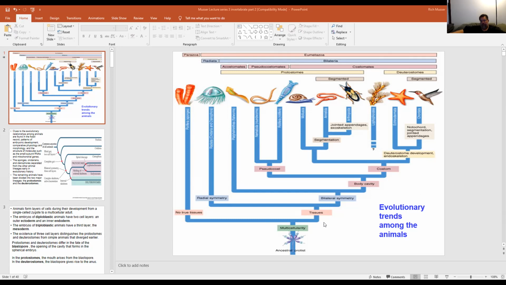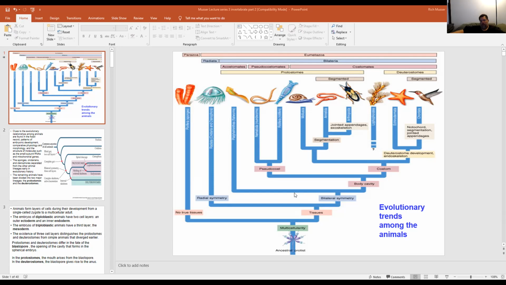We also started seeing tissues. This is where, so the idea is tissues arose here. Arose means evolutionarily speaking, this is when we start seeing tissues. And so we are now looking at the formation of bilateral symmetry.